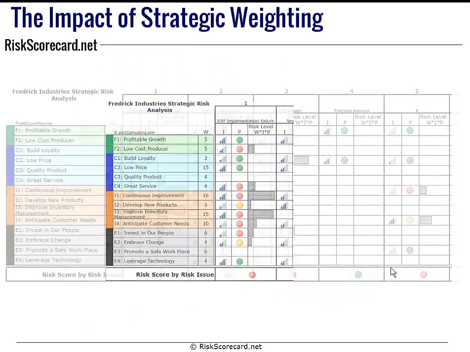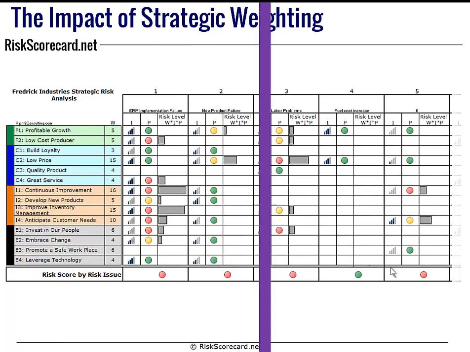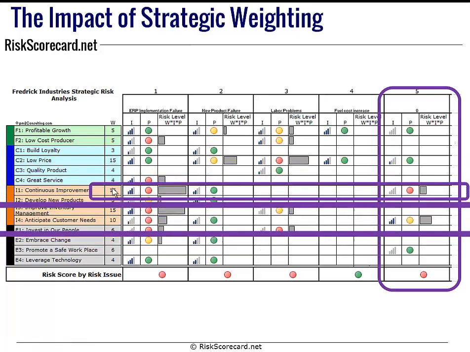Now what we can also do is begin taking a look at this across multiple risks. We can quickly see where risks are occurring and begin surfacing some unexpected results. In this case, this risk looks like it has a higher net position, even though it's got 3 greens. Why is that? Well, because they happen to impact 2 of the highly weighted strategic objectives.